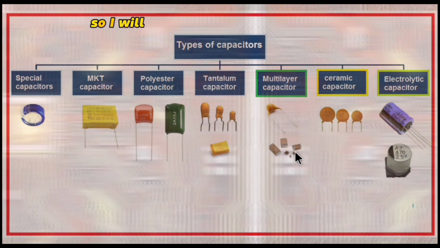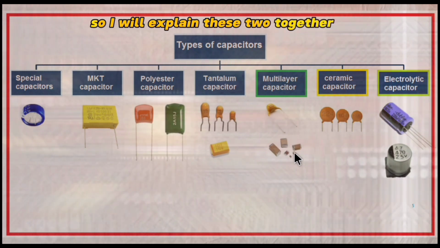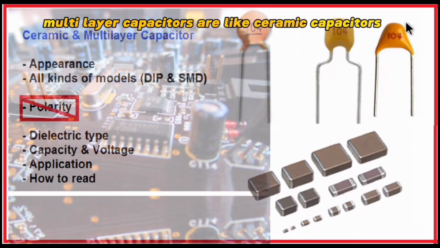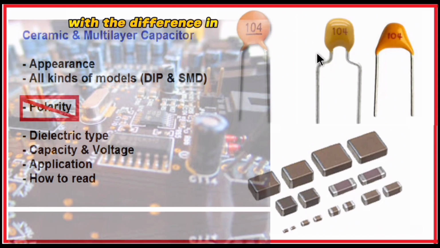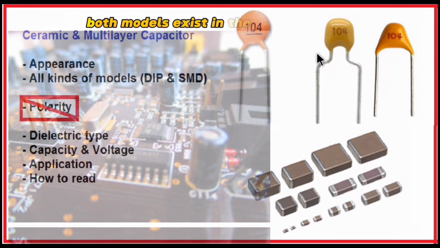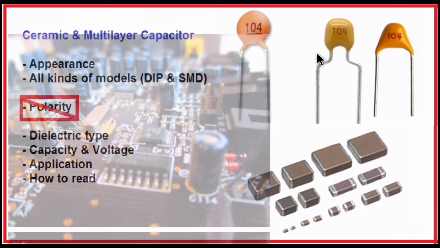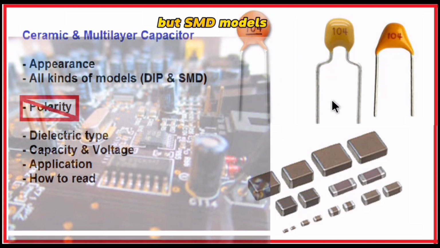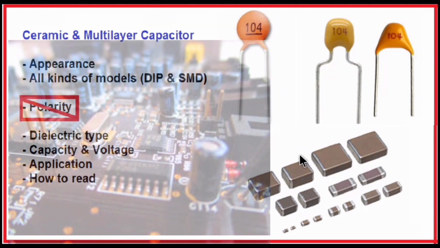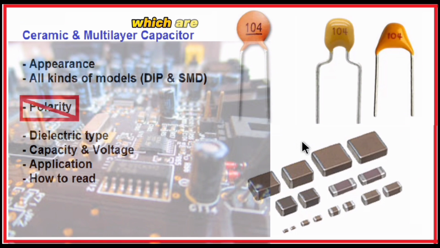So I will explain these two together. Multilayer capacitors are like ceramic capacitors with the difference in terms of appearance. Both models exist in the form of DIPs, but SMT models are only available in the multilayer capacitors, which are in this form.